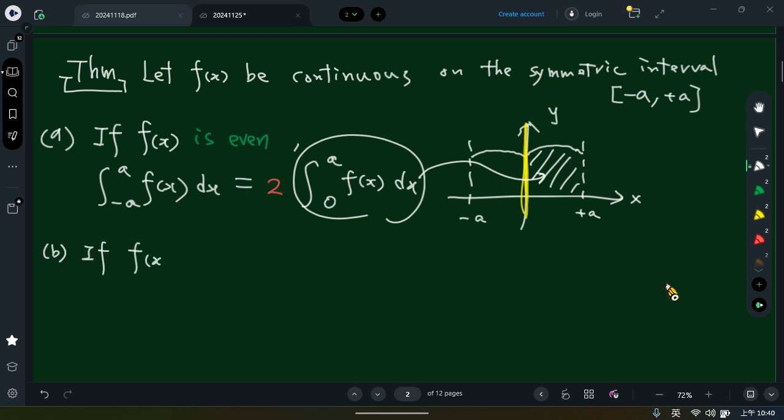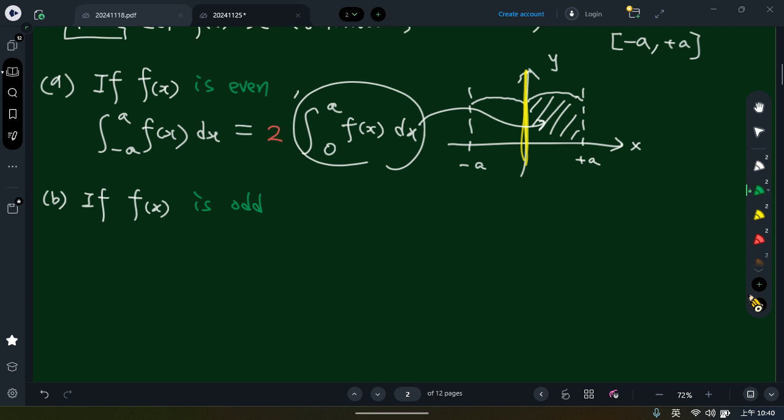Okay, if f(x) is odd, we also know that the curve should be symmetric about the origin, 0, 0, right? So the curve will look like this one.